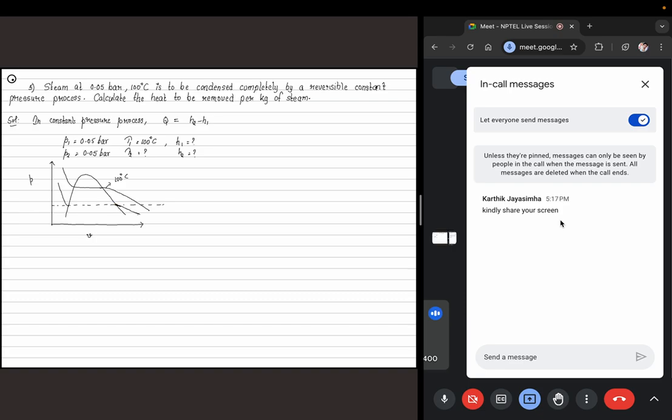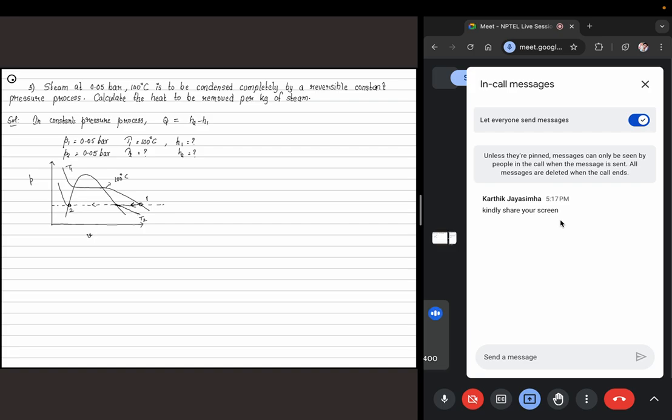This is some other temperature. This is basically T2. This is T1. So we are at this particular point 1, and we are cooling until it is condensed completely. By condensation, we mean almost all of it is converted to liquid phase. So you move from here till this point, and then you also move till this point. So this is your final state.